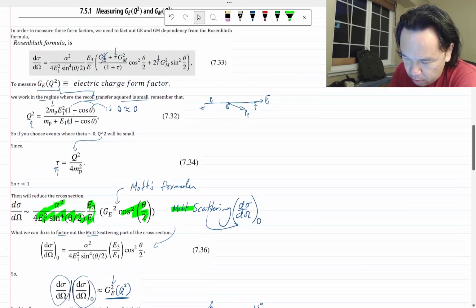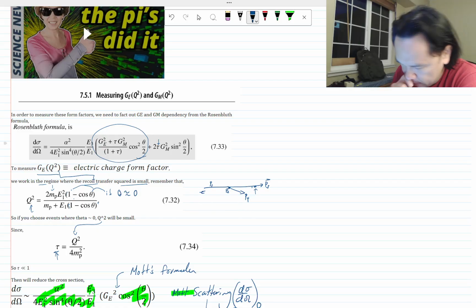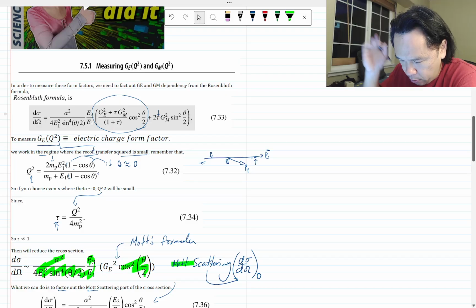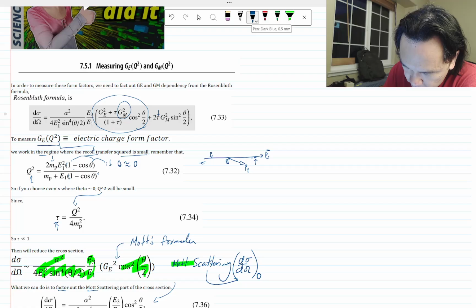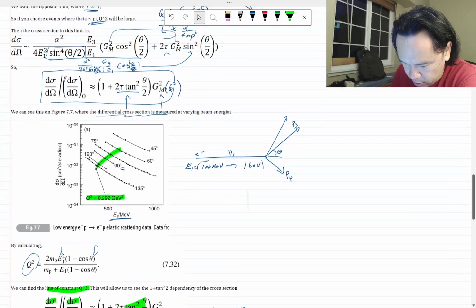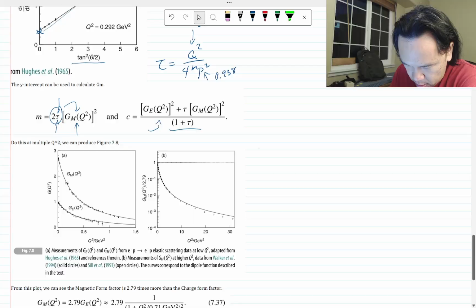That comes from this piece here. So in basically one set of data, you can determine what GM is and what GE is. And this is what the book is trying to show you towards the end here.